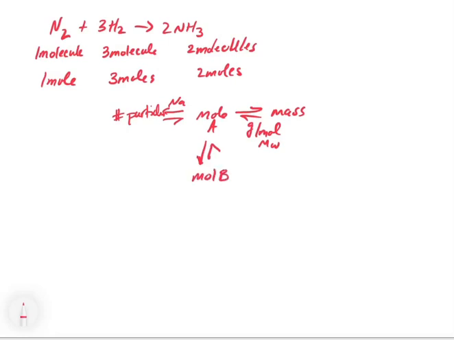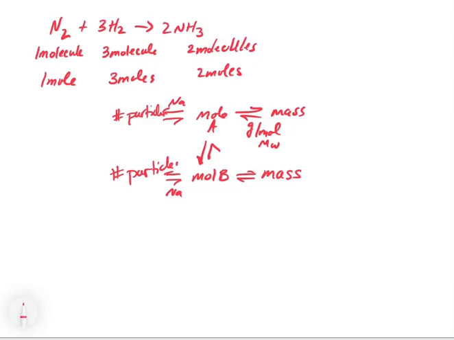So we have mole of A, and we can go to mole of B. What I mean by A and B is, let's say that I have information about nitrogen, and I wanted to get information about hydrogen. Well, I can do that by using the mole ratio. And once I get to moles of B, I can then go to either mass or the number of particles, it doesn't matter, using my unit conversion.